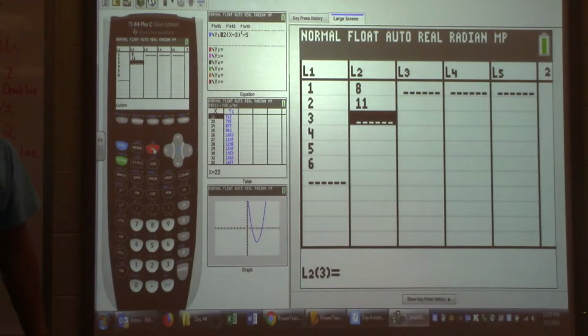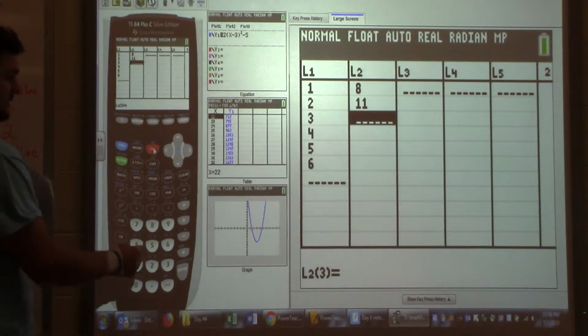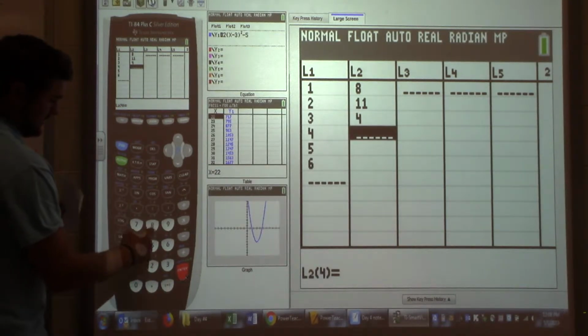You go to the top zero and hit delete a bunch of times. Alright, so 8, 11, 4, 8.